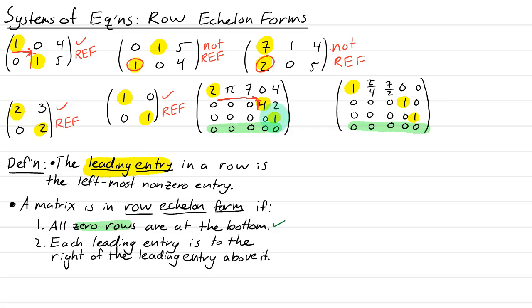Okay, and this 1 is also to the right of the one above it. So it looks like that. And this one actually has the same shape. So this is row echelon form.